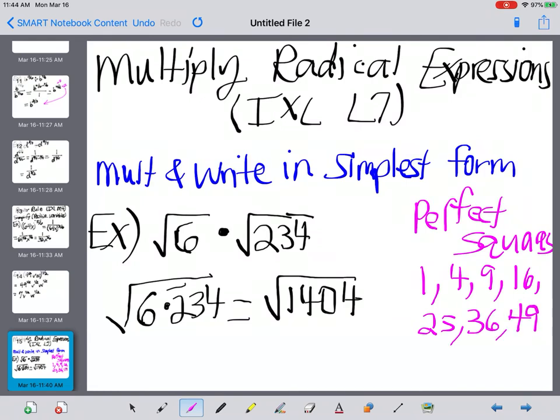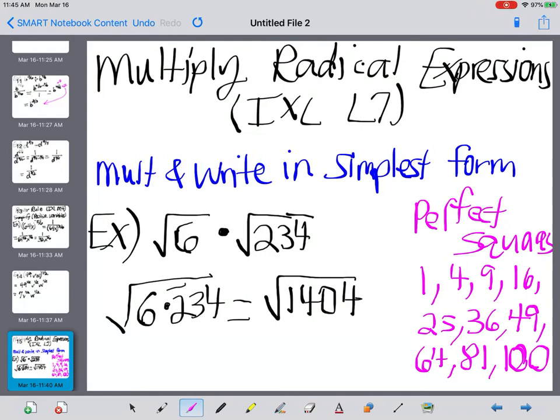I'm just going to keep going. And 8 squared is 64. 9 squared is 81. 10 squared is 100. Now, of course, we could keep going. 11 squared, 12 squared, so on. But I think probably one of those perfect squares here will break this down.